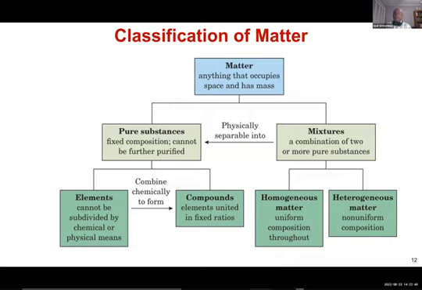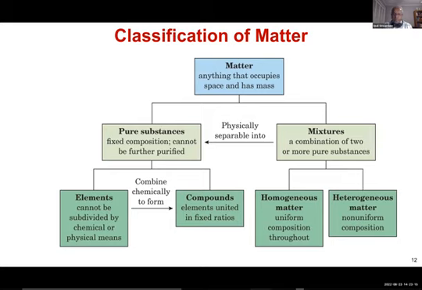To tie up classification of matter now, all matter is anything that has a mass and takes up space. Matter is pure substances or mixtures. We talked about that. Mixtures are combinations of pure substances. You can separate mixtures into pure substances.